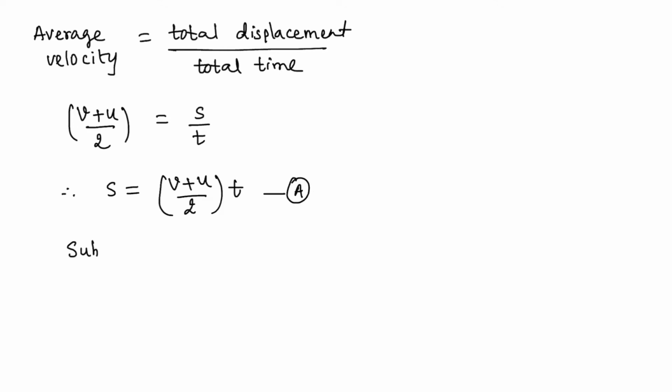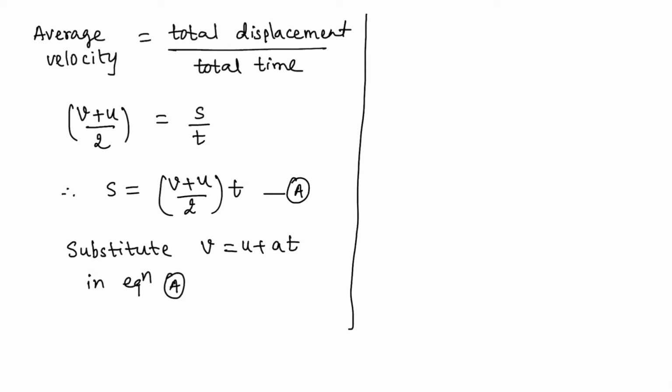Now substitute the value of v is equal to u plus at in equation A. So when we substitute the value of v in equation A becomes s is equal to, in place of v we write u plus at, and as you can see here, this u is already there, so plus u divided by 2 into t.